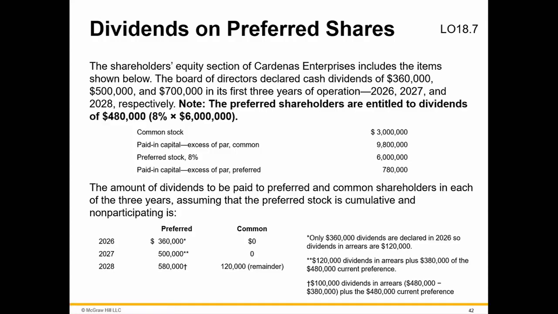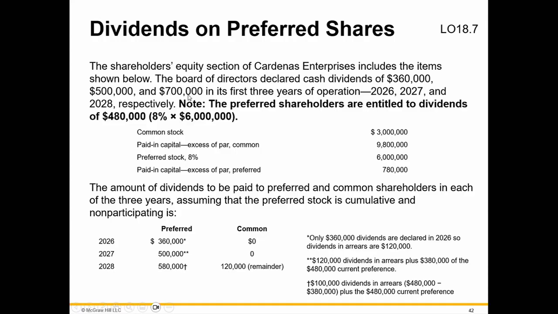It's still not enough, right? We owe them 480. So we still owe them then 100,000 from 2027. So all 500,000 in 2027 is going to the preferred shareholders. And you can see the calculations are listed over here too. Nothing available to common. Now, in 2028, there's a bigger chunk to distribute.